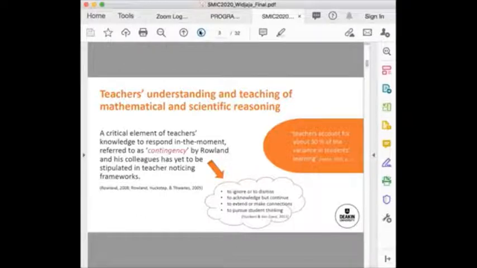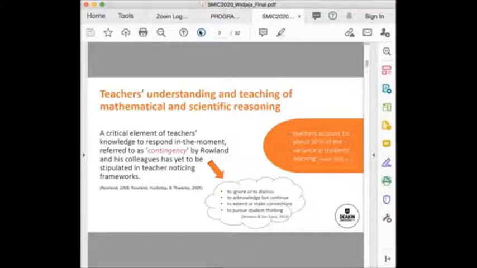The second response is to acknowledge it but then continue the lesson, and teachers make those two decisions for various reasons.